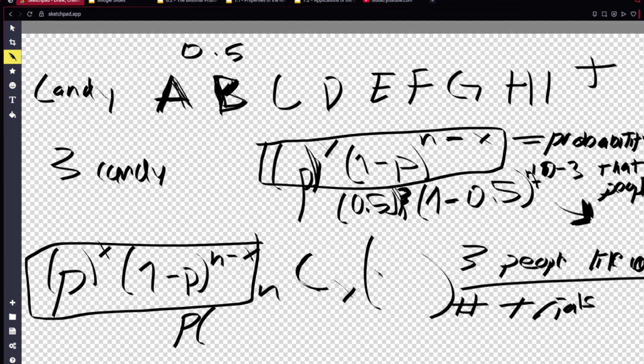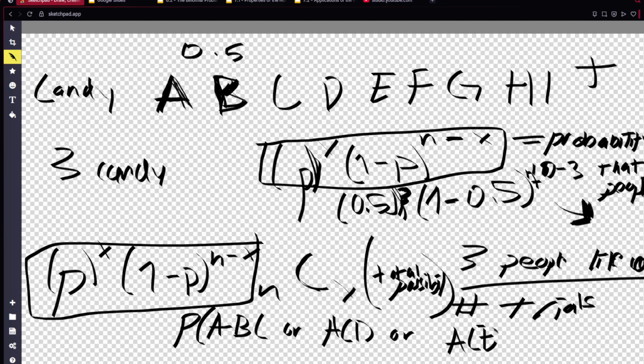So simply put, it's how many ways we can rearrange 3 people, or we'll just say total possibilities. And since the probability of each one is equal to that, we multiply that, because it's P, these 3 people like candy, or these 3 people like candy, or these 3 people like candy, and so on and so forth.